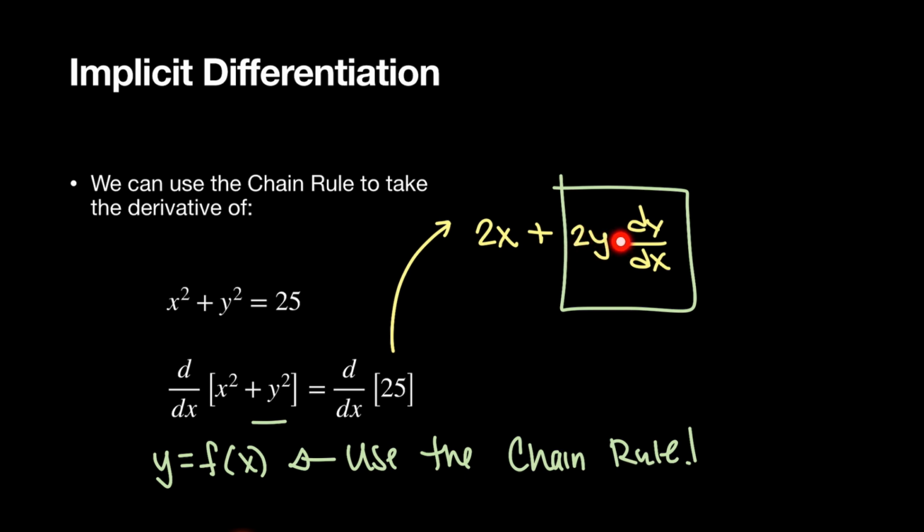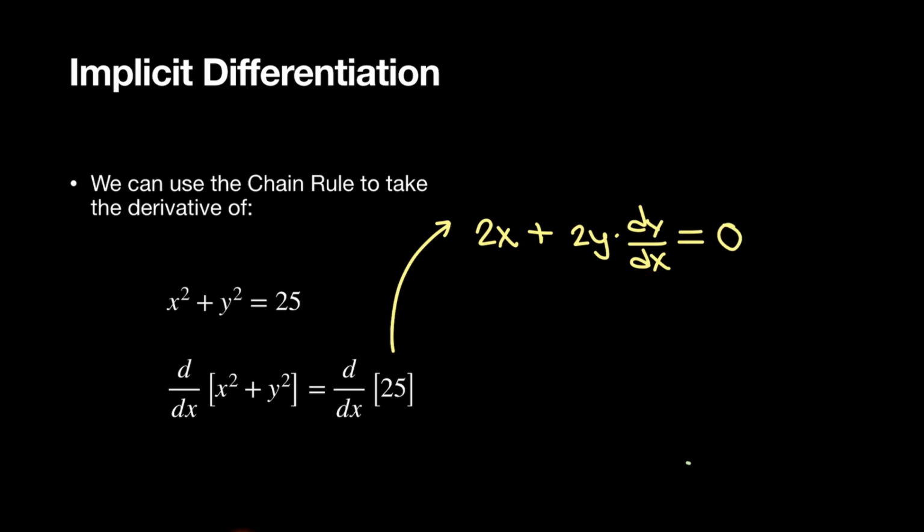But then we have to multiply by the derivative of the inside, the derivative of y, which is dy/dx. So the derivative of y squared is 2y times dy/dx. The 2y is my outside derivative, and the dy/dx is my inside derivative. And then the derivative of 25 is just a constant, so it has a derivative of 0.